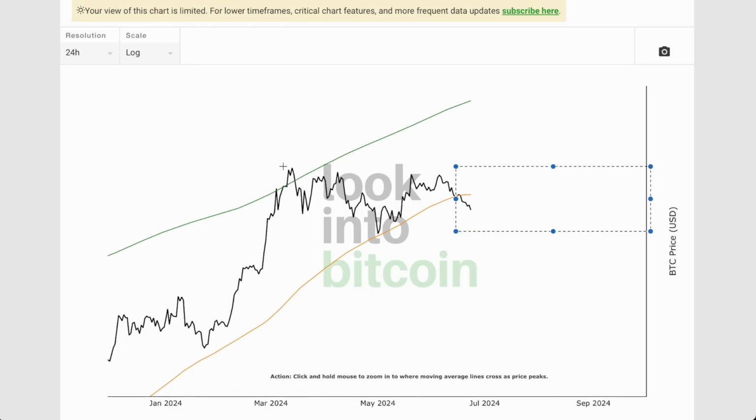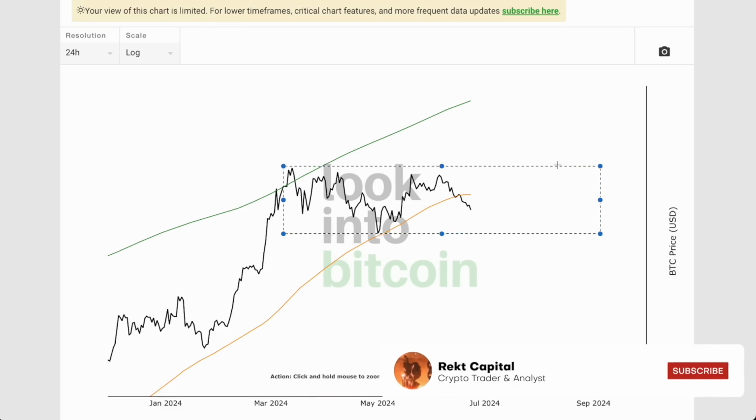So a September breakout beyond 71.5k is what history suggests will occur, and that's something I'm sticking towards. I think we're going to resynchronize with traditional halving cycles. I think we're going to continue moving sideways here, and I think we're going to break out beyond 71.5k in September or so, October, whatever the case may be, and break out into a parabolic phase of the cycle where we'll be seeing fantastic exponential parabolic price moves for the whole market, and then that gets us into a bull market top in 2025 at some point in mid or late 2025.